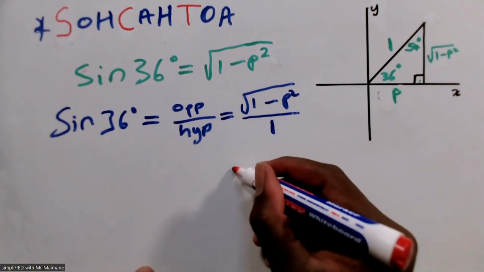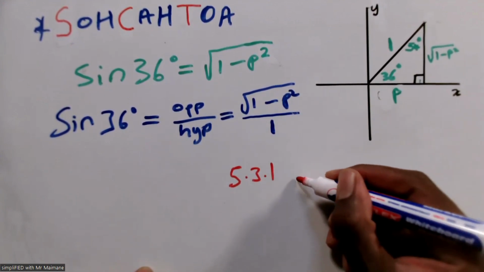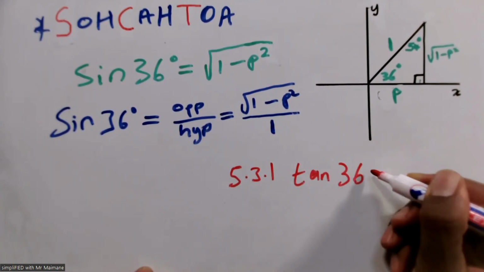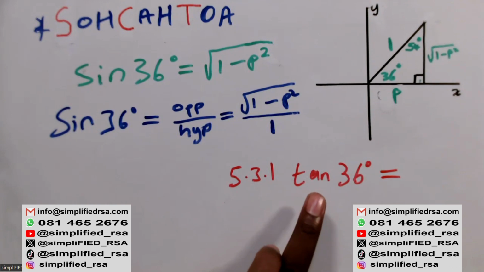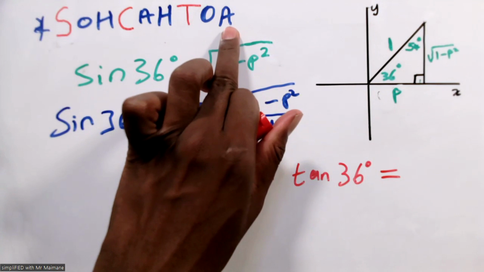Now to answer question 5.3.1, they wanted us to determine tan 36 degrees. We know that tan is opposite over adjacent.